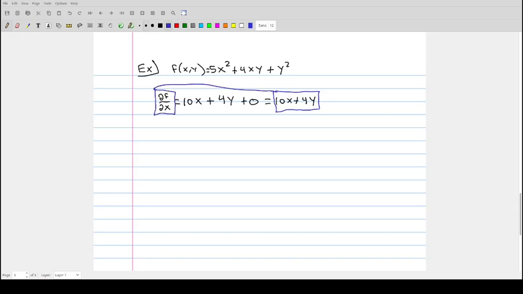We computed that using the power rule. Again, the derivative of the function x is 1, and you have to treat 4y as a constant because you're taking the x partial derivative here. And lastly, if you're treating y as a constant, the x partial derivative of y squared is just going to be equal to 0.